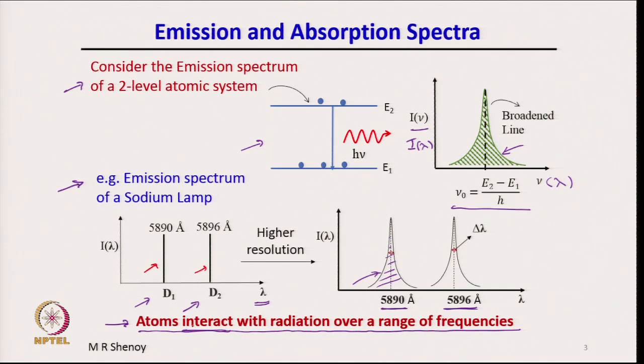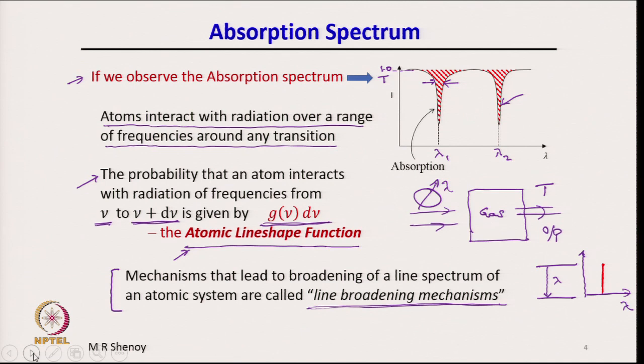This is called a line spectrum, but when we observed it under higher resolution, the line showed emission over a finite range of wavelengths. There are mechanisms which lead to broadening of this line spectrum into a range of frequencies like this, and these mechanisms are called line broadening mechanisms.